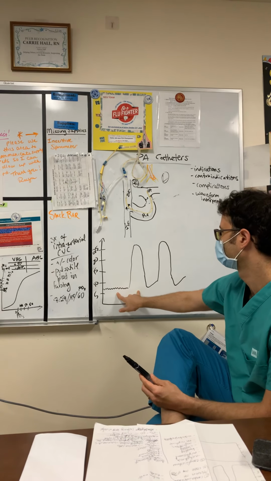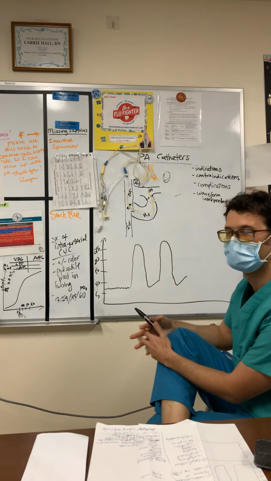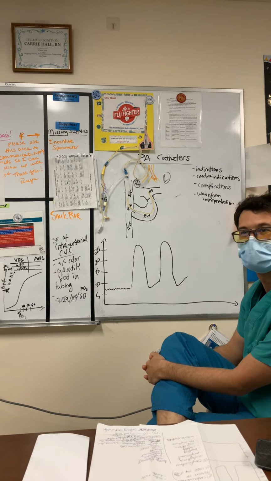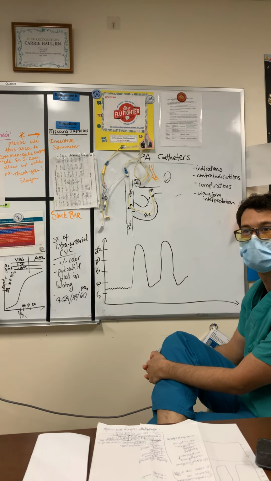From the RA to RV? Yeah, exactly. So this was your CVP tracing. This is your intra-RV tracing. And what would you call this number up here?